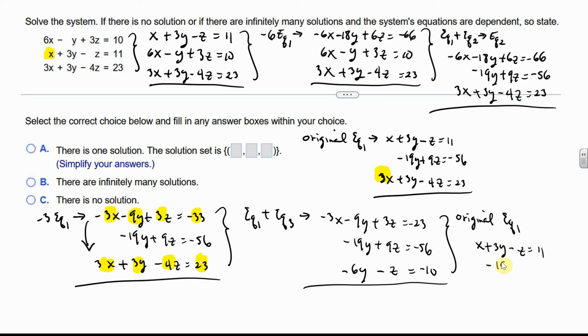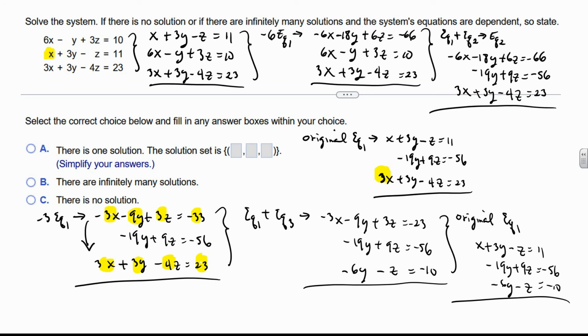Negative 19y plus 9z is equal to negative 56. Negative 6y minus z is equal to negative 10. So I have 3 equations. One equation has 3 unknowns, x, y, z, and 2 equations have 2 unknowns. Of the 2 equations, I need to cancel out one of those variables. So I'm looking at the y, I'm looking at the z.